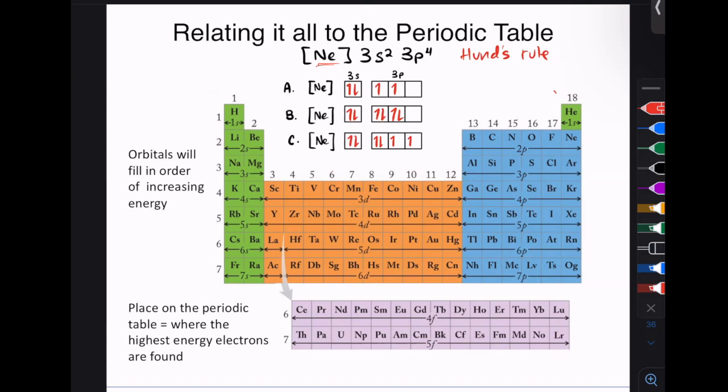But Hund's rule overrides that because it's still more stable yet to have 1 negative charge in each of the 3 areas, because those areas are non-overlapping, but they all specify the same energy level. So it requires more energy to keep both of those negative charges confined to only 1/3 of the space.